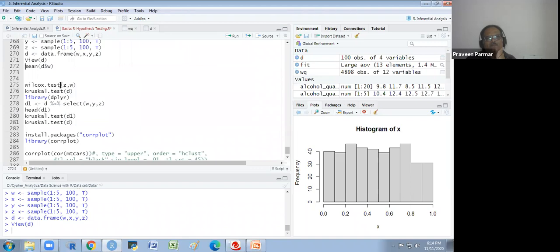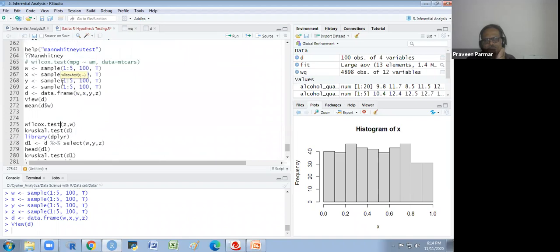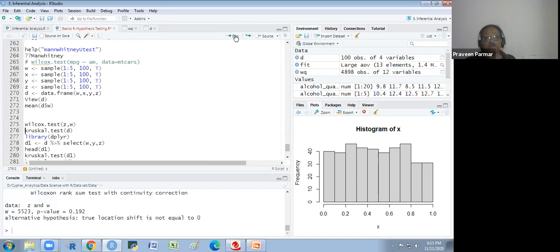And if we perform the Wilcox test between W and Z, whether their opinion on question number W and question number Z is the same or not, whether their opinion matches or not. So if the Wilcox test on W and Z is performed, we are getting a p-value of 0.192. It means there is no difference in the opinion on those two things, W and Z.